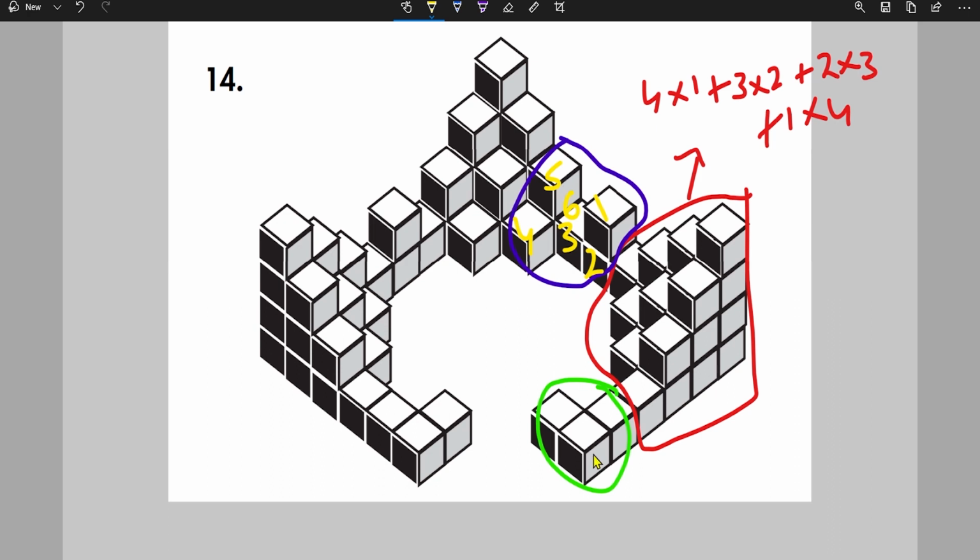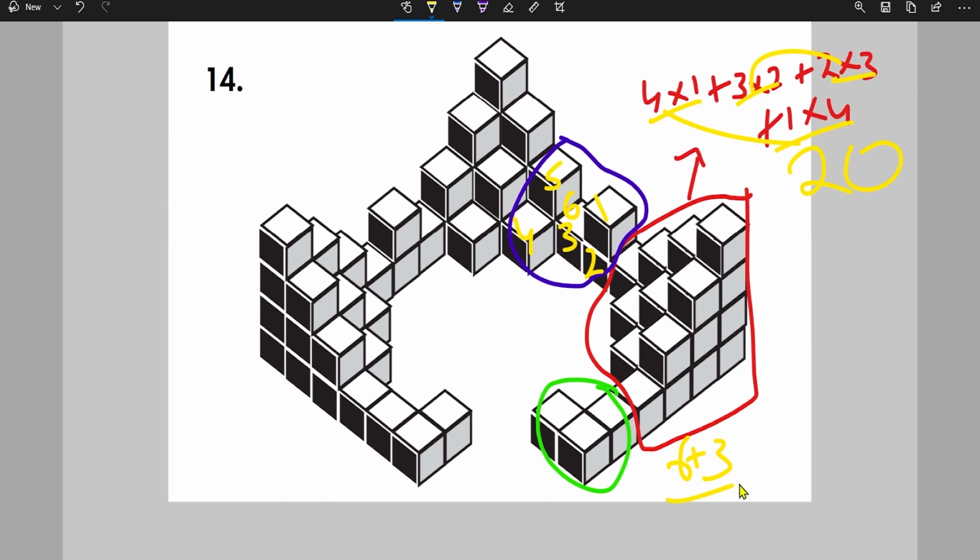So 6 over there and 3 over here. This is 6 plus 3 plus all of this stuff. So this is basically 4 plus 4, and then this is 6 and 6. So 6 plus 6 will be 12, and the 12 plus the 8, that's 20.